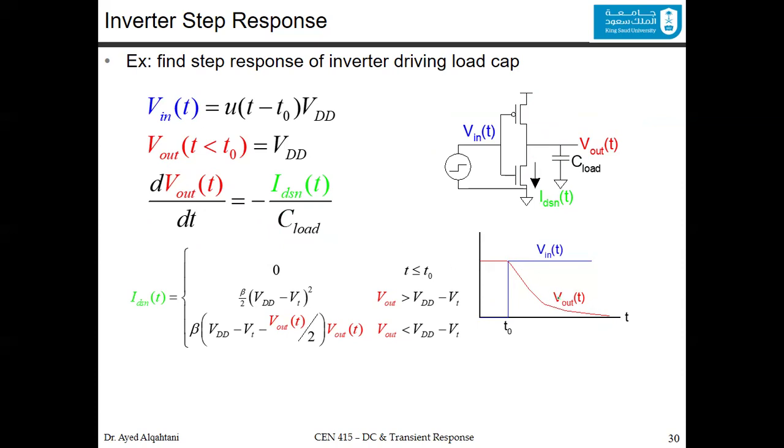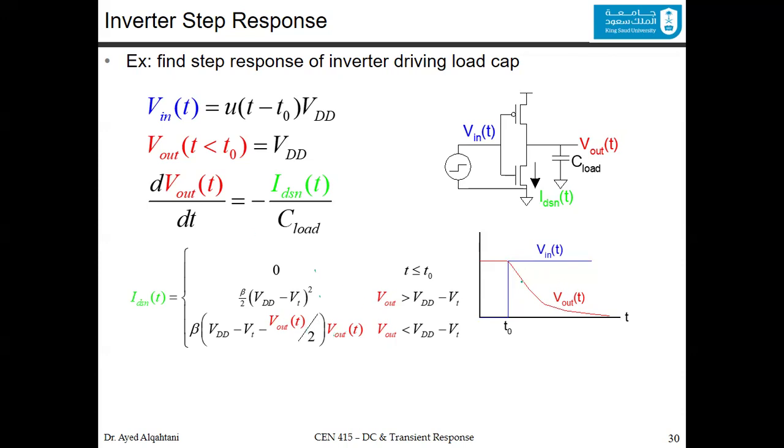How to calculate them? Again, you have the Shockley model, where you have a cutoff, linear, and the saturation region. This is the cutoff, this is the saturation, and this is the limit. The only thing that changed here is that the VDSN that was here and here, we take them out and replace them by the V output.